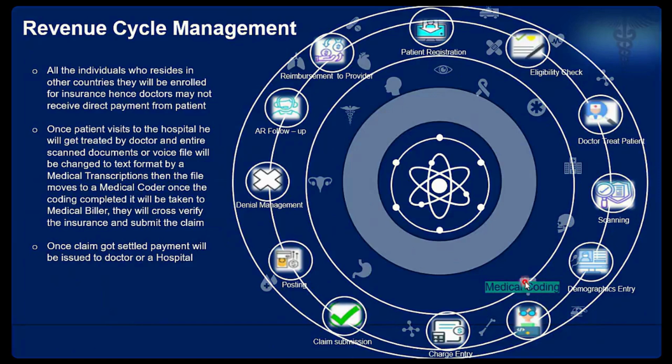Then the coding will be corrected, it will come again to the charge posting. From there, it will go to the AR follow up. From AR follow up, it will go to the reimbursement of the physician, and finally the physician receives his reimbursement, his remuneration. So this is the revenue cycle management which is happening in US healthcare.